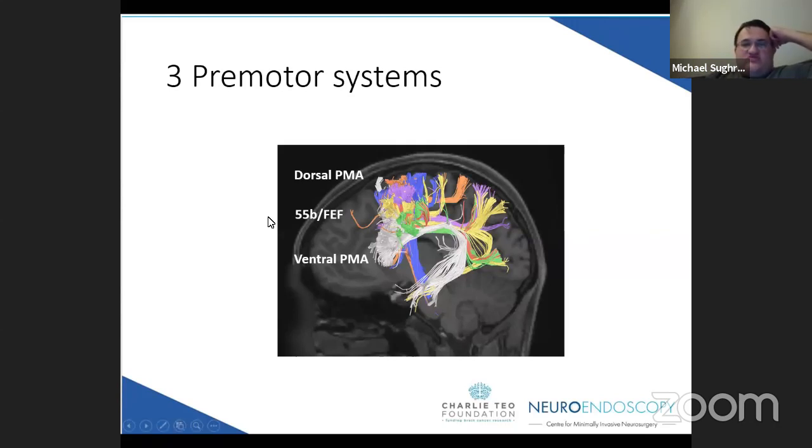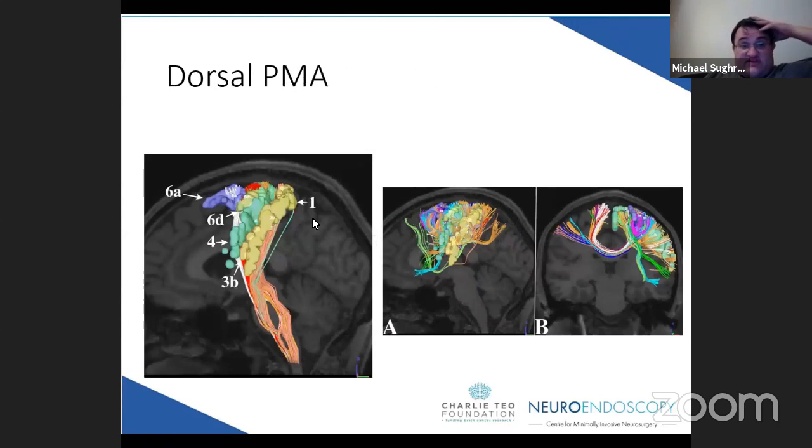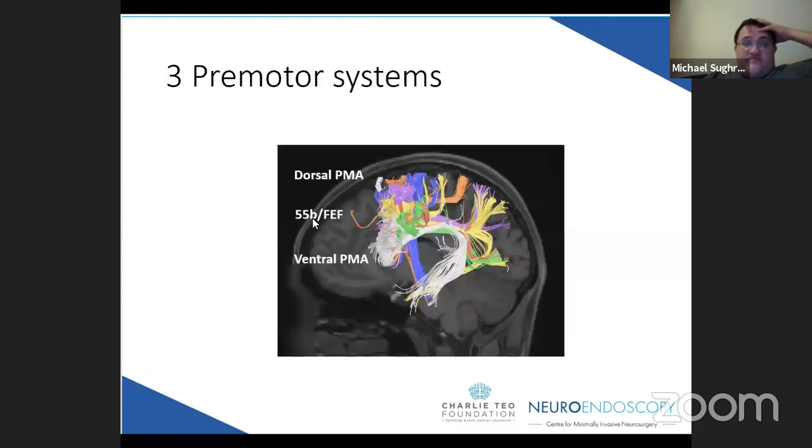But one of the things I really want to draw everyone's attention to is this area, 55b. This was discovered and really highlighted in the Human Connectome Project, but we've gone a lot further with this. And 55b is probably the motor cortex for the larynx. We have cases where we violated 55b unknowingly, before we knew that this area existed.